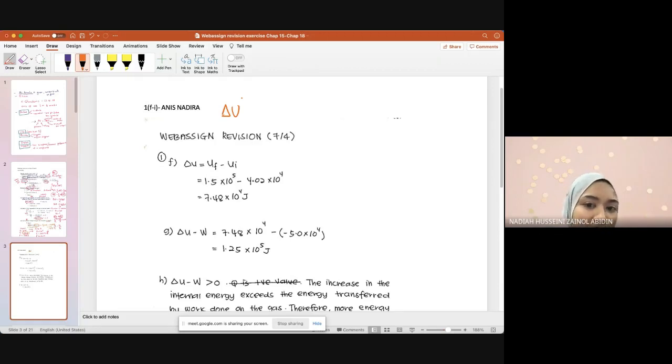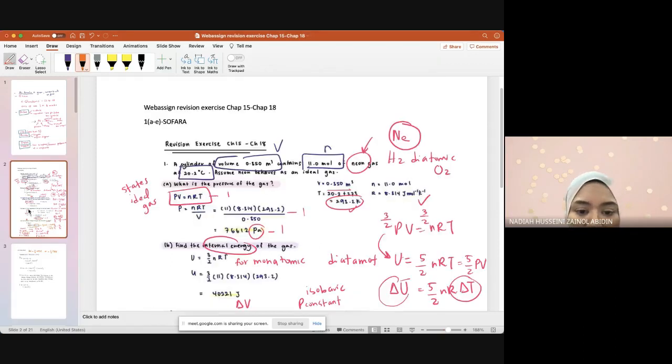Now it's asking the change in U. We are talking about monatomic, right? 3 over 2 N R delta T, or 3 over 2 P, which is constant, delta V. Okay, so here Anis Nadira did it like this: U final minus U initial, because we found the first state earlier.